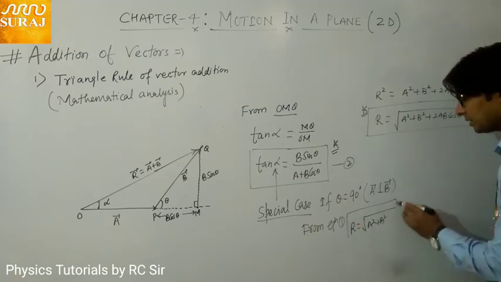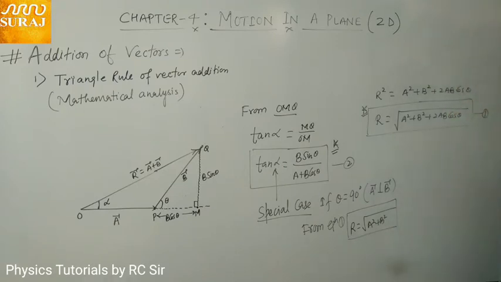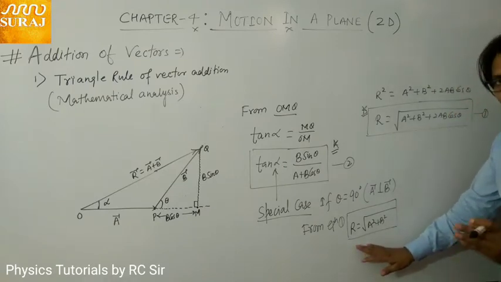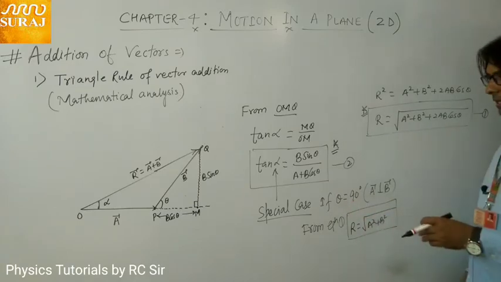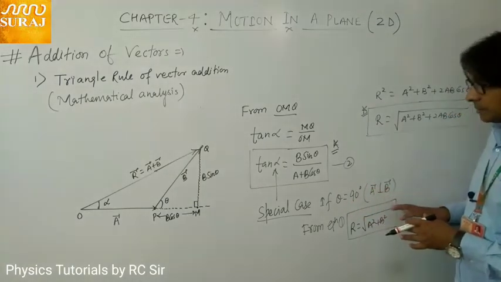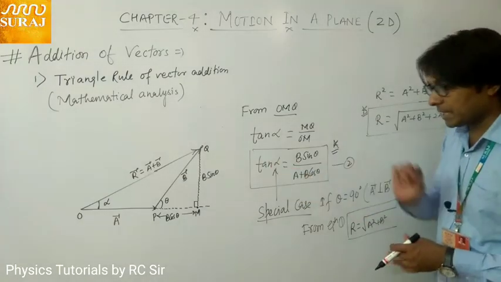So this will be the formula for calculating the resultant between A vector and B vector if the angle is 90 degrees. And what will be the value of tan alpha?